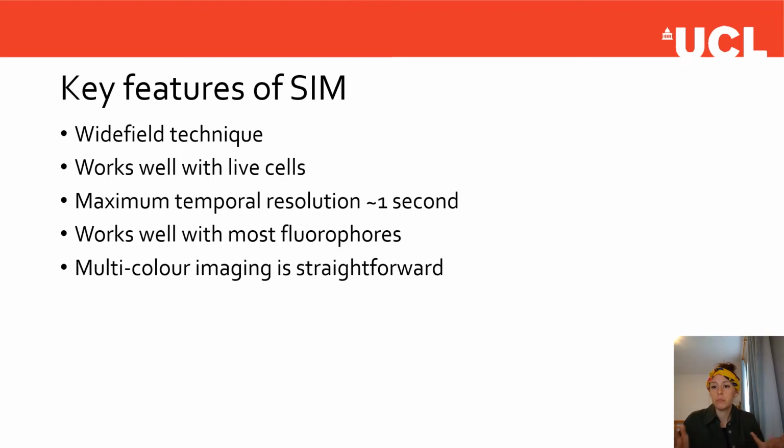And multicolour imaging, for example, is also quite straightforward. Again, it's not doing anything weird with fluorescence, it's not doing anything weird with types of fluorophores. All it's doing is generating interference patterns and then reconstructing those. Okay, so those are the key features of SIM.